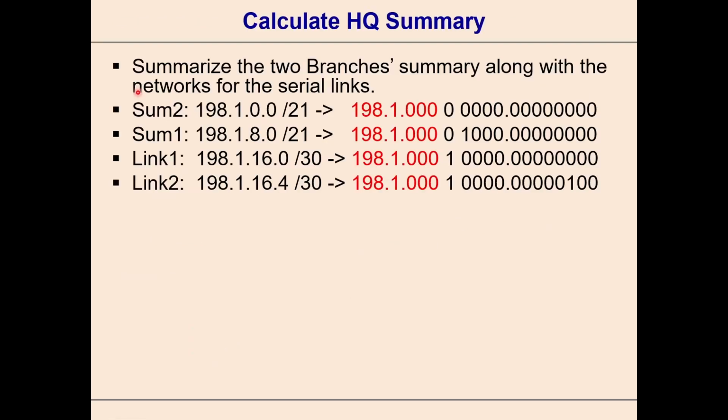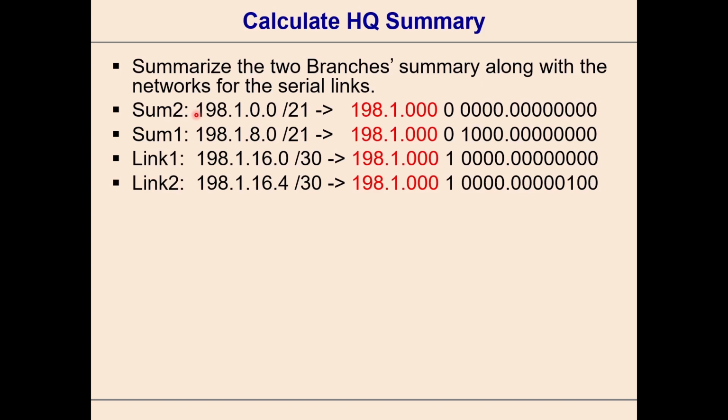To summarize the 4 networks on HQ, we list the 2 summaries received from the 2 branches along with the 2 networks on the serial link. The 4 networks are the networks to be summarized on HQ.